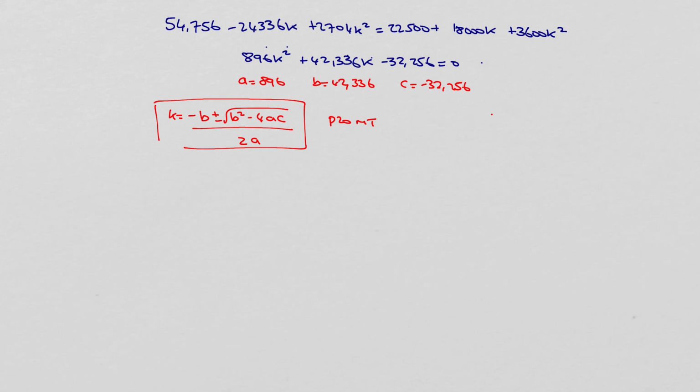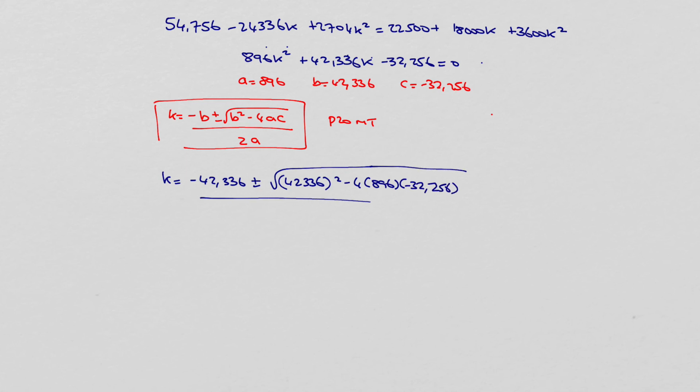So if I sub in my values, we have minus 42,336 plus or minus the square root of 42,336 squared minus 4 times a times c all over 2a.